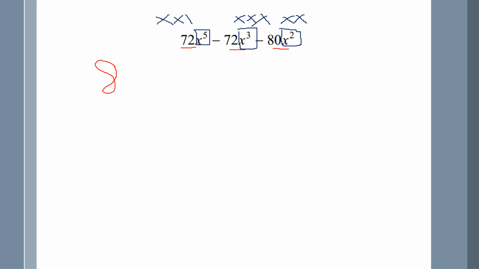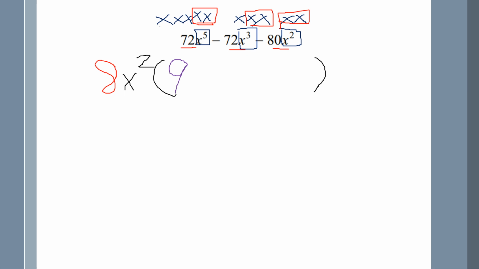So that just means that I could take two x's from each of these variables. And so with that being said, it's going to be not just 8, it's going to be 8x squared. Now, what's going to be the inside? 8 times what gives me 72? 9.